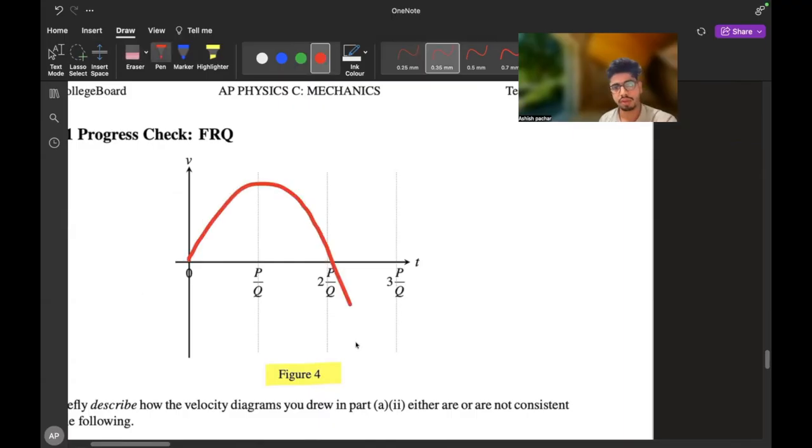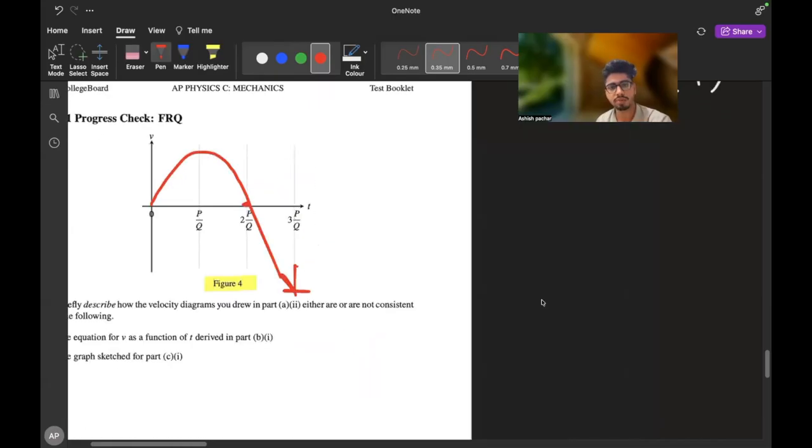So you get 0 at this point, and it is going to cut somewhere here. This cutting point you can find out by 3p by q, just plug it into the expression.